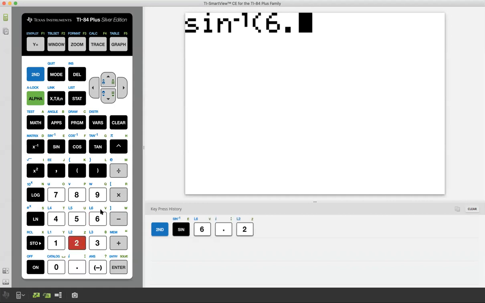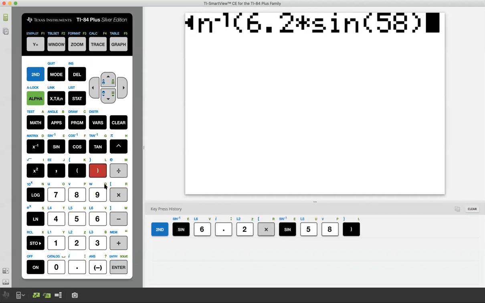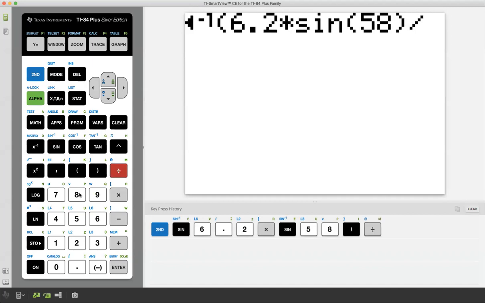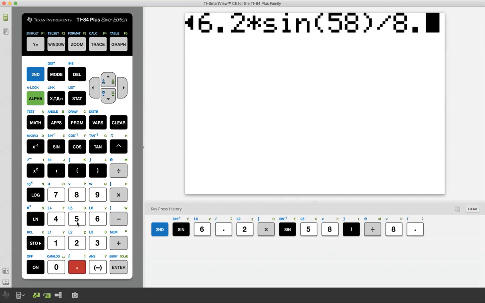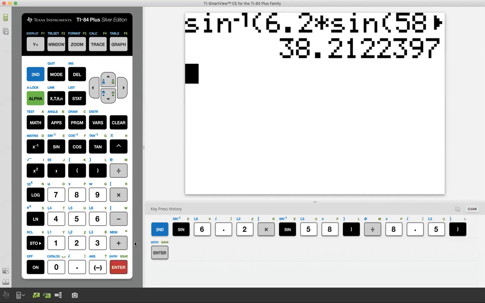So 6.2 times, now I got to do another sine, and then put a 58 inside that parenthesis and then divide by 8.5. Close the parenthesis, and I'll get that angle 38 degrees. It says round to the nearest degree, so that's about 38 degrees.